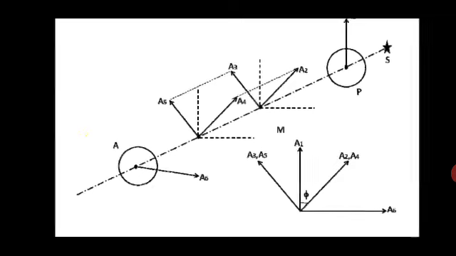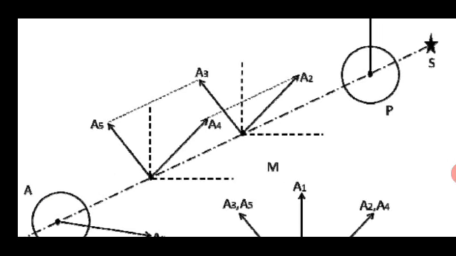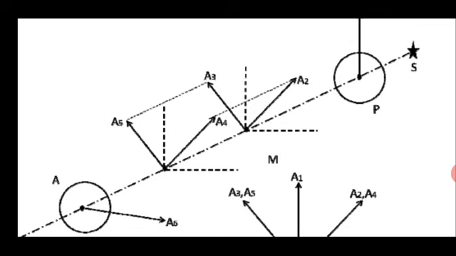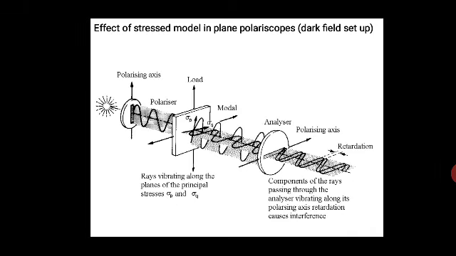Now look into the sketch here, where the analyzer is kept crossed with respect to the polarizer. Then the light coming out of the analyzer is 0.